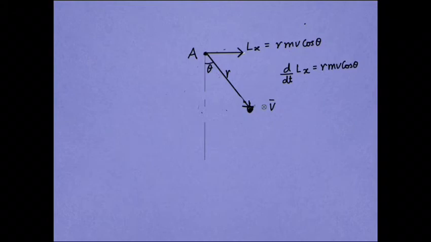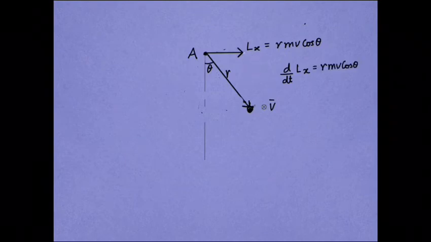And what was Lx? Lx was the cos theta component of L vector, which was r into mv, found earlier. So cos theta component is r mv cos theta. So multiply this Lx by omega. So this is d by dt of Lx, and it is perpendicular to Lx, and in this figure it will be inwards, because this Lx vector is rotating and this tip is going inward at this instant.